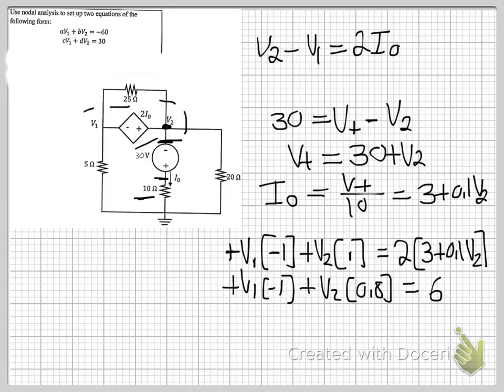So now to manipulate this equation to look like the first one, you need to have a minus 60 on this side, so you need to multiply by -10. So you get 10V1 minus 8V2 is equal to -60. Or you could have chosen to use the second one, multiplying by +5 to get C and D.